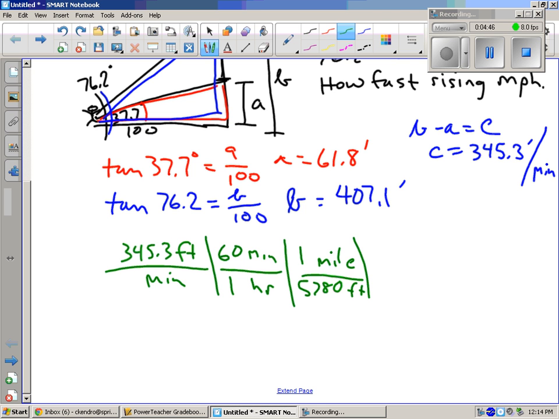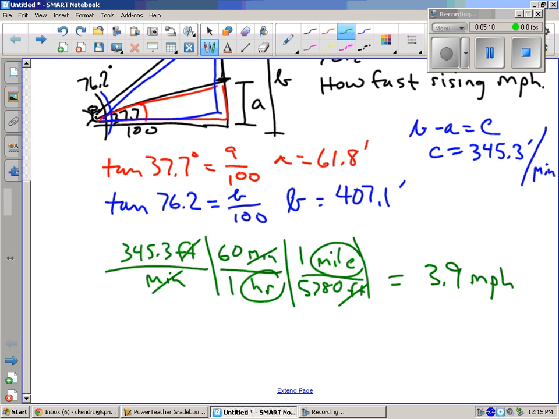So let's see how fast you are going to get that terrified look on your face. Multiply straight across, divide by 5,280, cancel minutes, minutes, feet, feet. We have miles per hour left, and I worked it all out, and I got 3.9 miles per hour. Woo, you were cruising. No wonder you were scared.